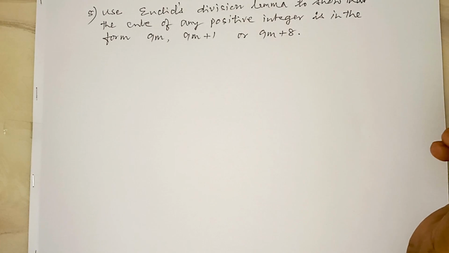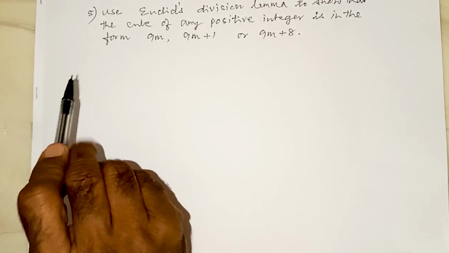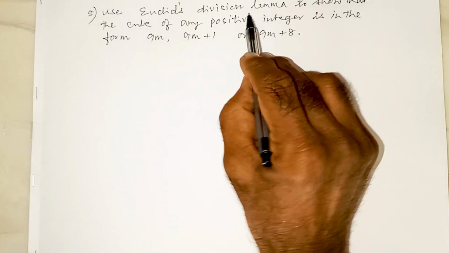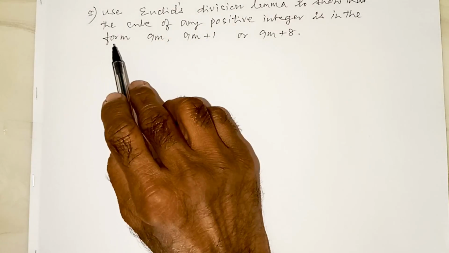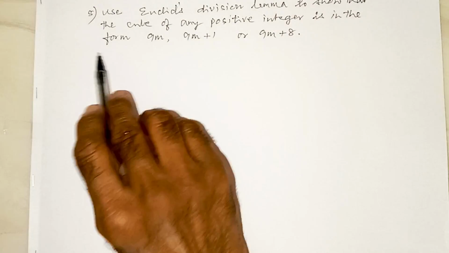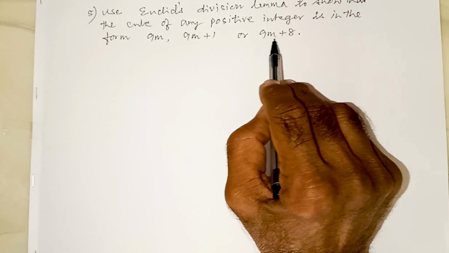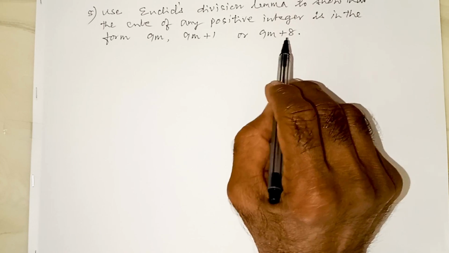Okay, students, we are going to talk about question number 5. This says, use Euclid's division lemma to show that the cube of any positive integer is in the form of 9m, 9m plus 1, or 9m plus 8.